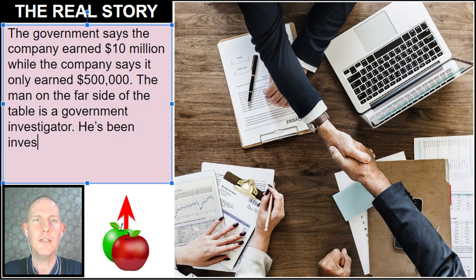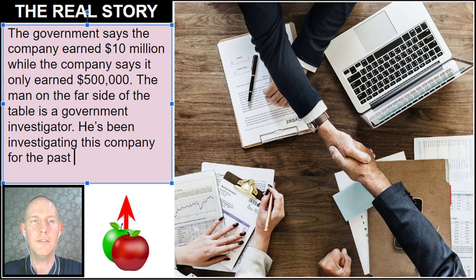He's been investigating this company for the past 10 years. Ooh, interesting. So the government says, well, our evidence shows that you are earning $10 million a year. The company says, no, we've only been earning 500,000.